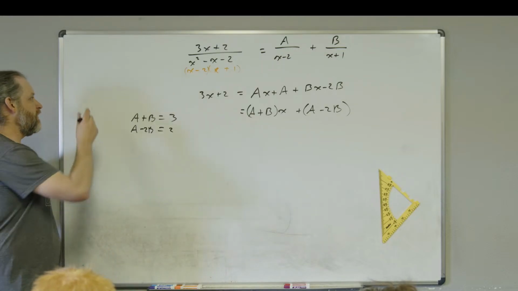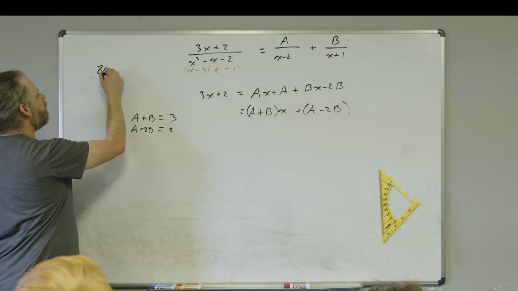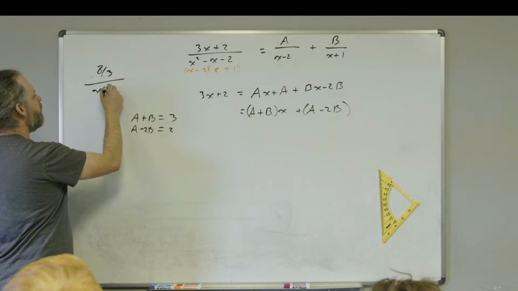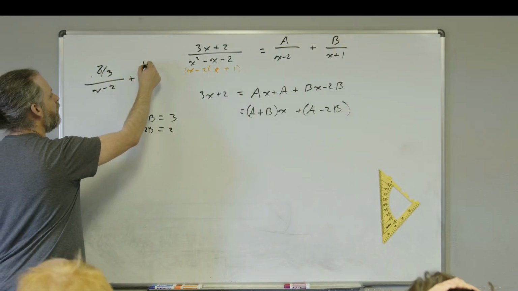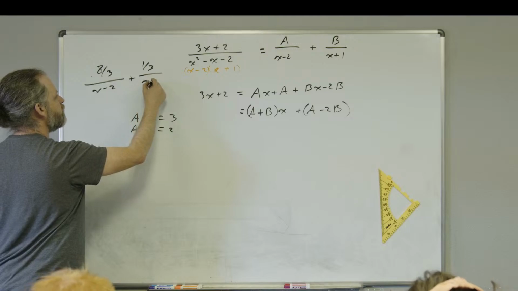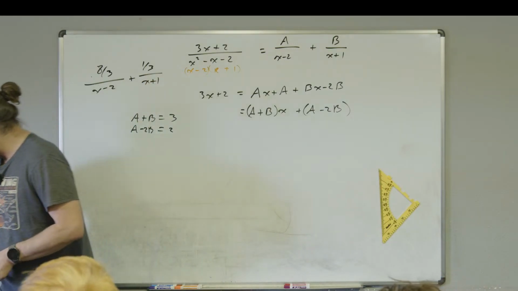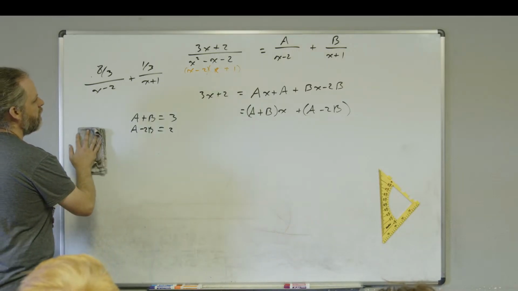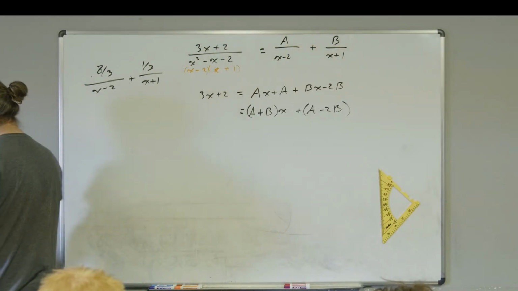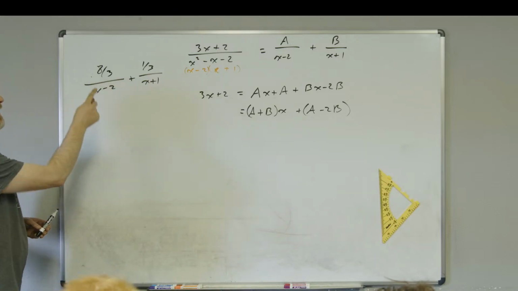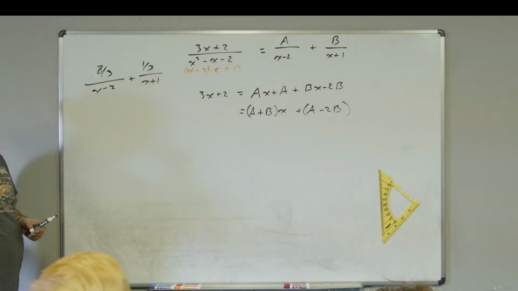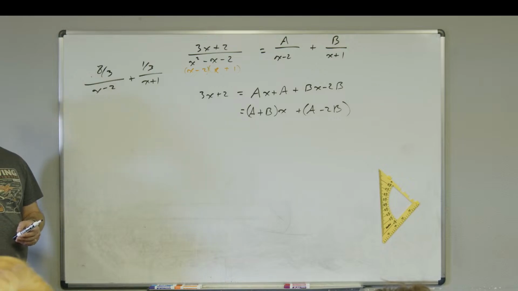On the test, if you wrote 8/3 over x minus 2 plus 1/3 over x plus 1, I would not count off. On the corrections, we need to clean that up because we need perfectly correct on corrections. So how do I clean that up? You multiply the bottoms times the two denominators together.